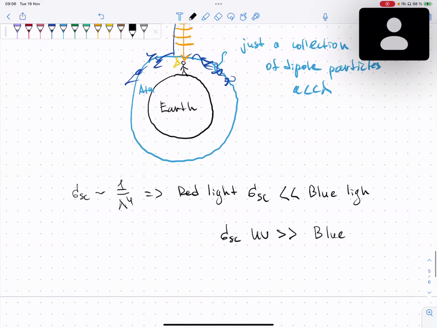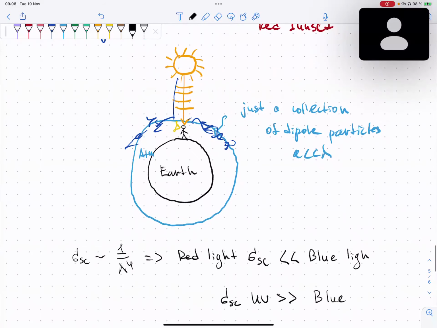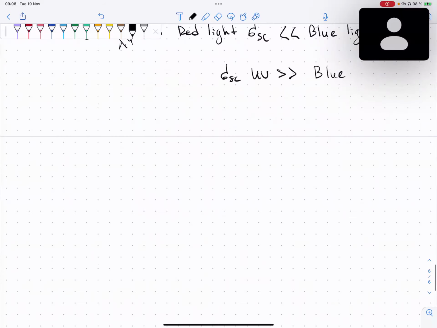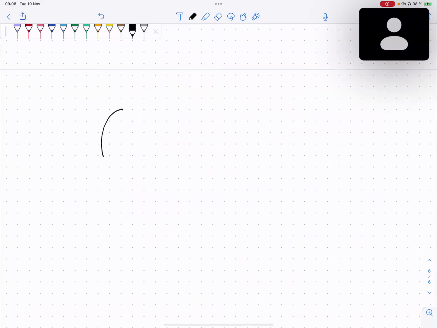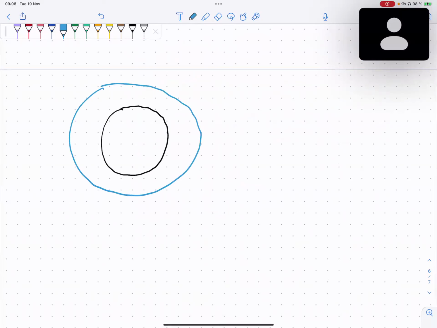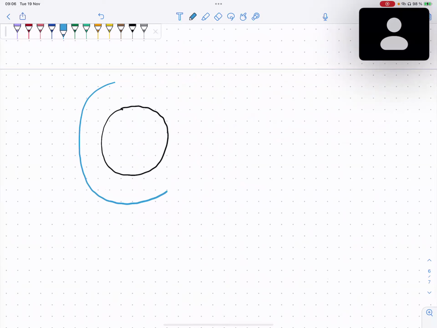But what is happening at the sunset? Let me draw it more accurately. At the sunset, here are we, and the sun is somewhere here.